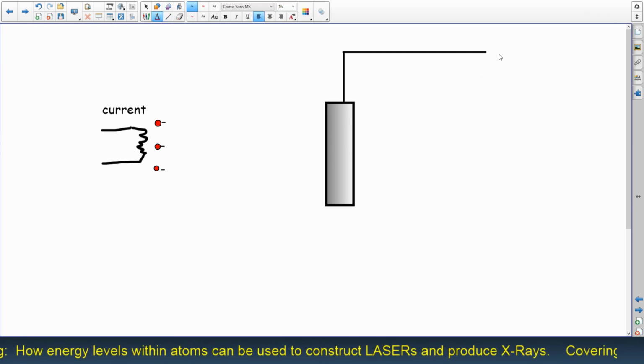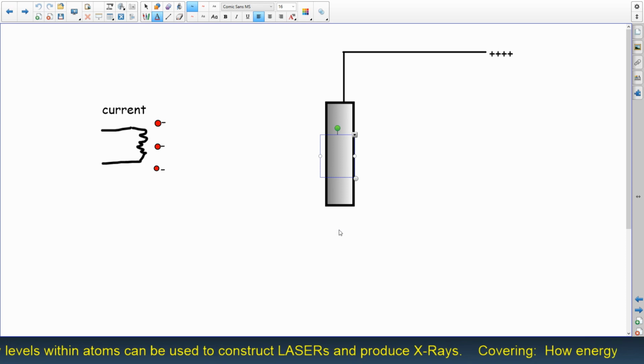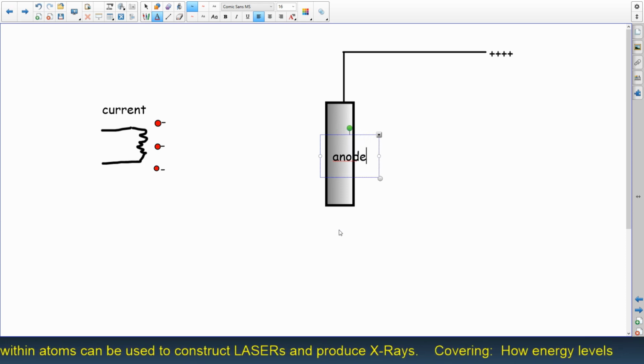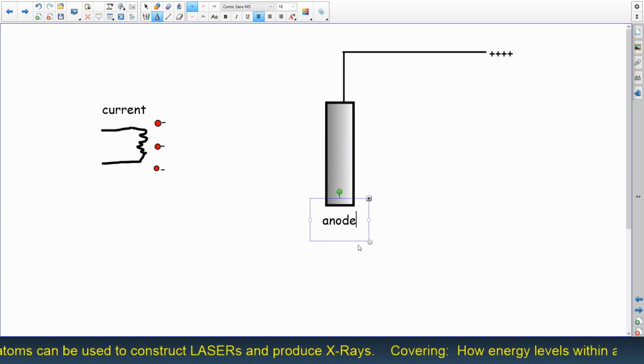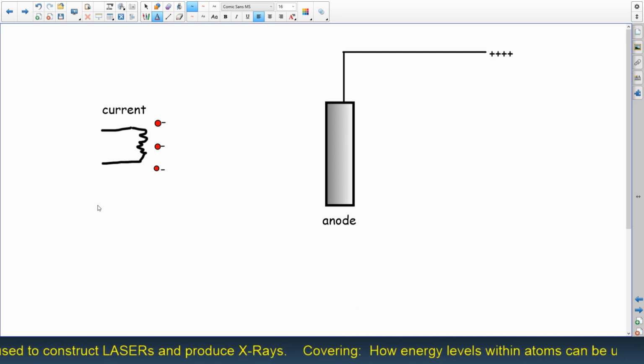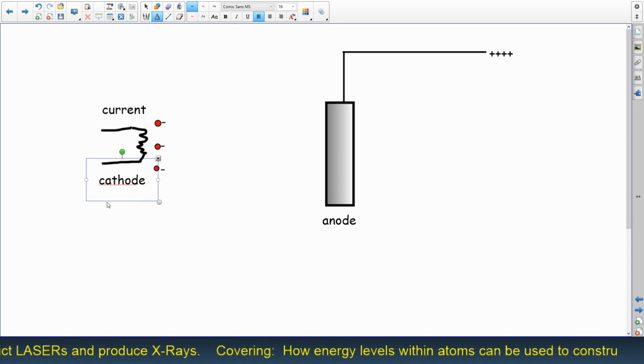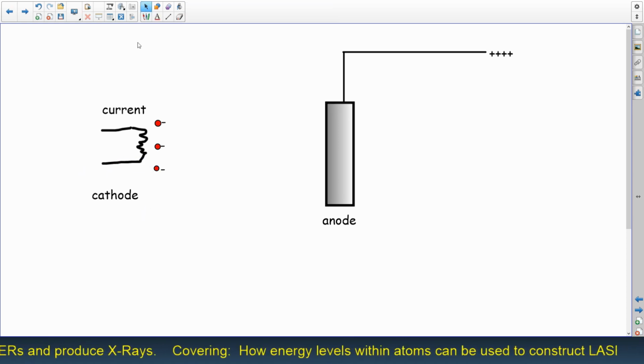Okay, so connect that up to some form of positive charge and make that, therefore, an anode. For those of you who like such labels. And then this end here, we could charge negatively once we've got a few electrons off here, and we can make this a cathode if we really wanted to have some accelerating fun.